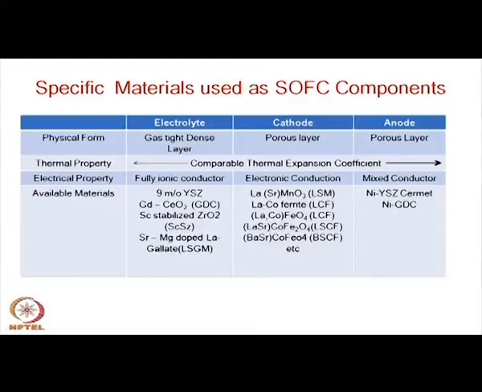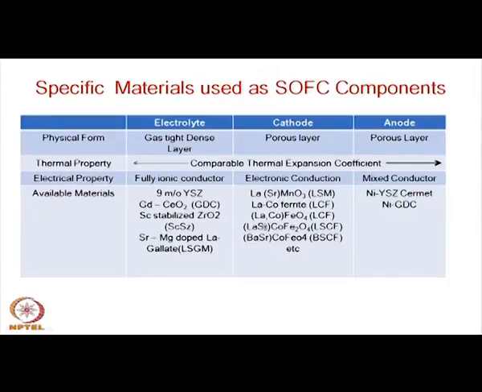These are all electronic conductors, not ionic conductors. All of them are good electronic conductors, primarily because you have variable valency cations here. We have seen earlier that most oxides having variable valency cations will lead to electronic conductivity or a kind of semiconductivity, and all of them have good semiconductivity at higher temperature, and they are fairly stable at the operating temperature of the SOFC.